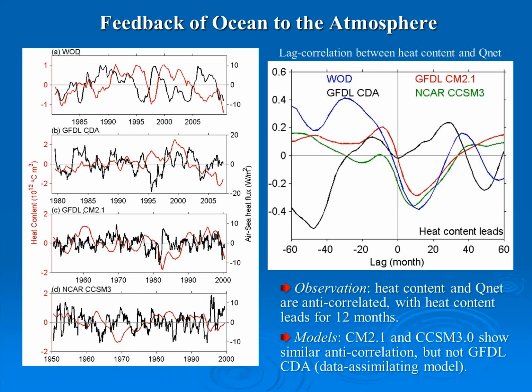From observation, you see this anti-correlation, with heat content leading air-sea heat flux by a year. And both IPCC models, CM2.1 and CCSM3, the red and the green curve, capture this anti-correlation. However, the data simulation model doesn't show this anti-correlation.